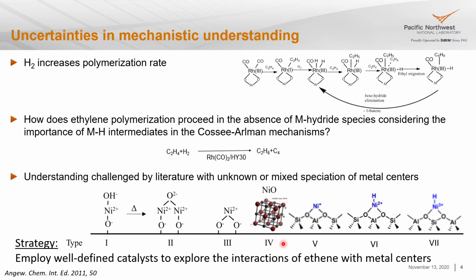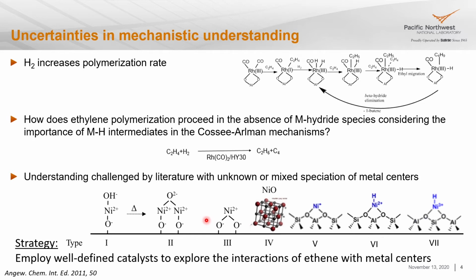As you can see, a number of different species can be present on the surface. So you can have isolated nickel OH species, dimers, isolated nickel 2+, nickel oxide, etc. And sometimes the catalyst surface will have a mixture of these types of nickel species.